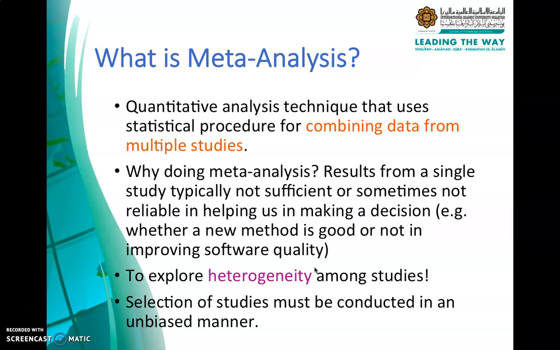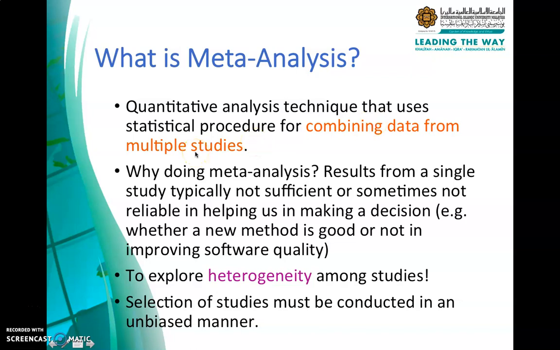And then there is what we call meta-analysis. I am still talking about all sorts of techniques for conducting secondary study. Meta-analysis is a quantitative analysis technique that uses statistical procedures for combining data from multiple studies.